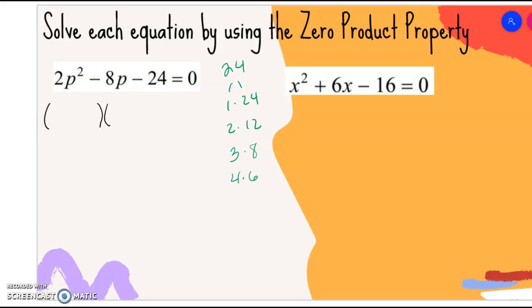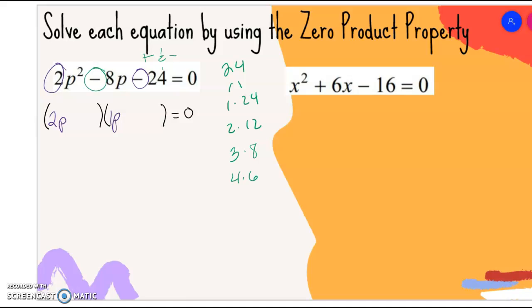What I know here is I need to break both of them out, but my A term up here has a 2, meaning one of the P's needs to be a 2 because the factors of 2 are 2 and 1. So I have a 2P and a 1P. Now I need to be aware, this negative sign here for the C tells me it needs to be a positive and a negative.